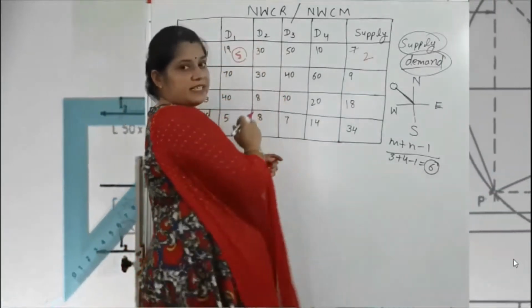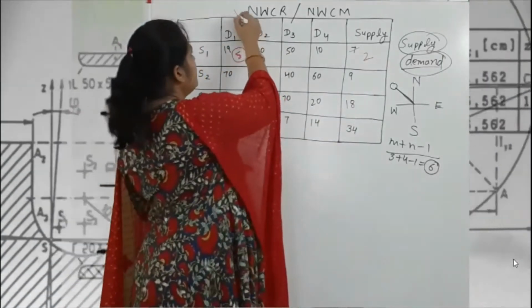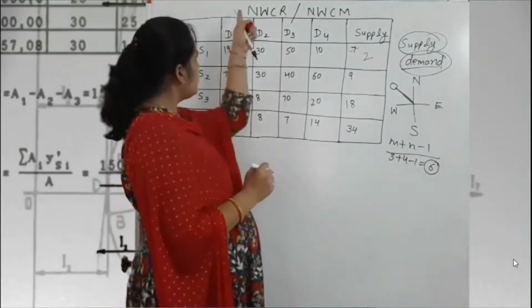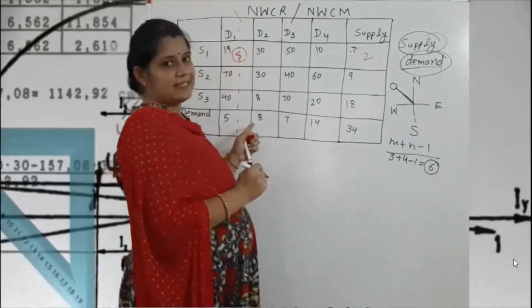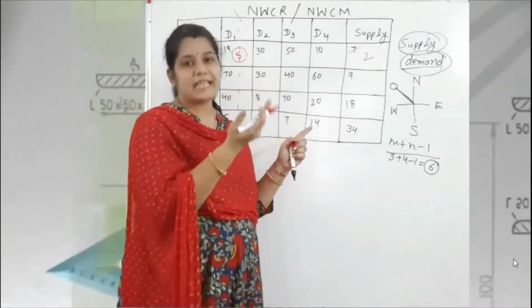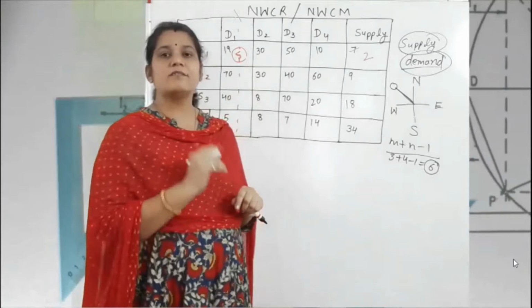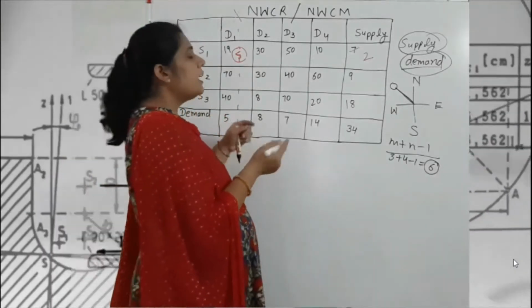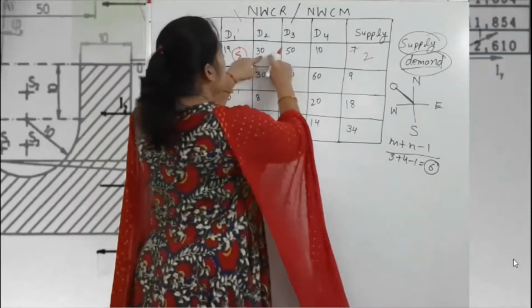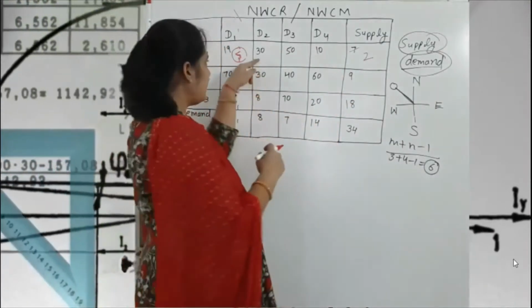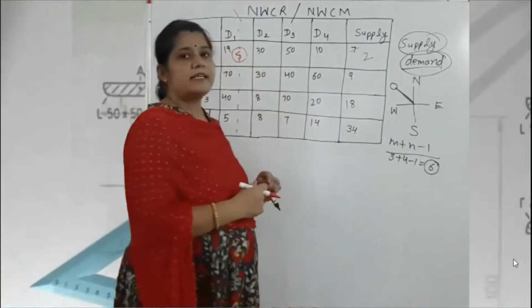So this column is satisfied. That means this column is cancelled. Okay, got it? In case the first column is cancelled, we move to the second column. In the second column, our value is 30. Again we check the supply is 2 because we have already put 5 here, and the demand is 8.